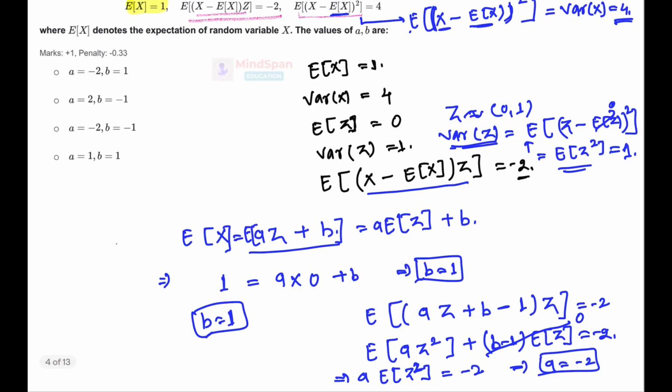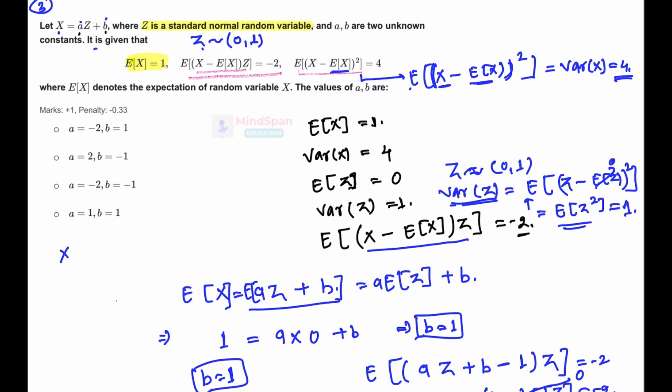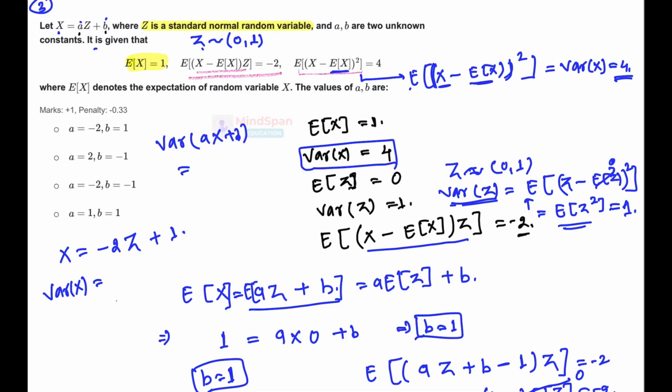And we can even verify this. So a is minus 2, so we have X is equal to minus 2 Z plus b, which is 1, right? And we have been given that the variance of this random variable X is 4. If we try to find the variance of X, we know from the property that the variance of aX plus b is nothing but a squared times the variance of the random variable.